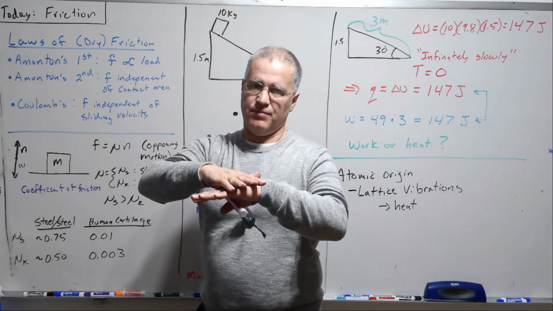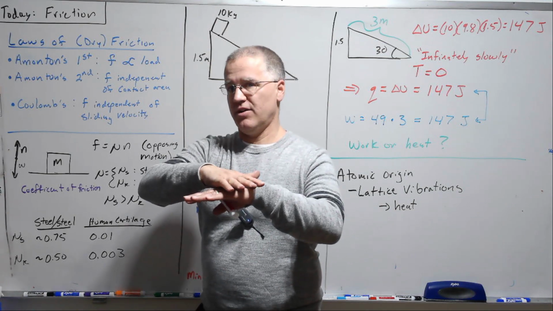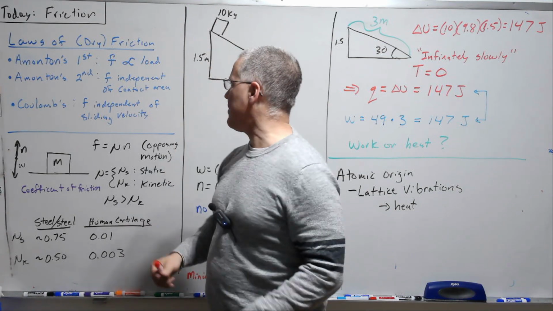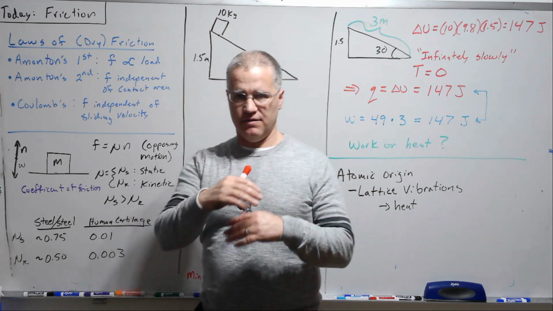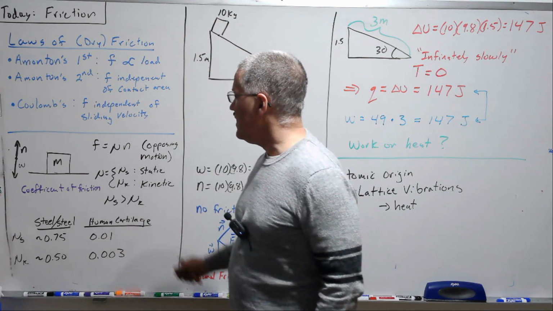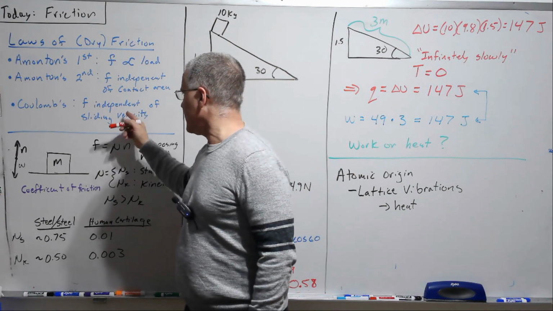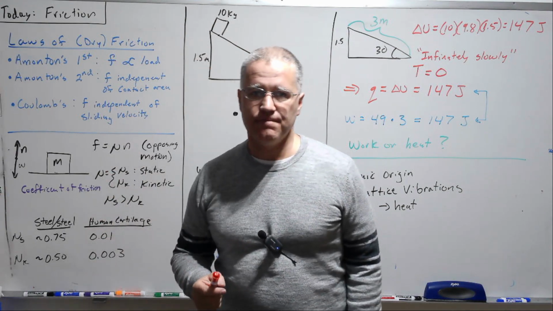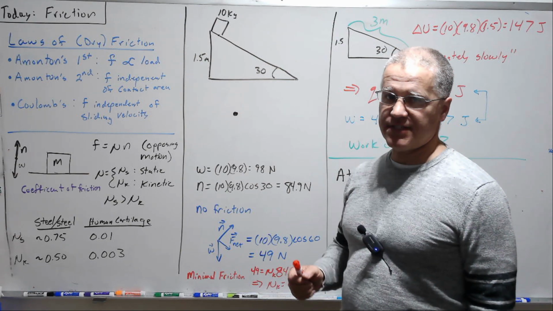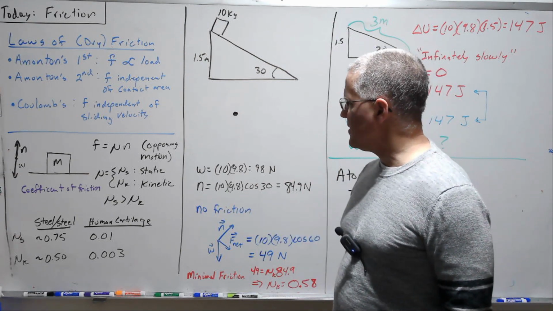And then if we have a bigger contact area, then the load per area is smaller, and it just so happens that that's independent of the area. And the other thing, and this is what distinguishes it from drag, as we'll see next time, is that the force is independent of the sliding velocity if the object is moving.